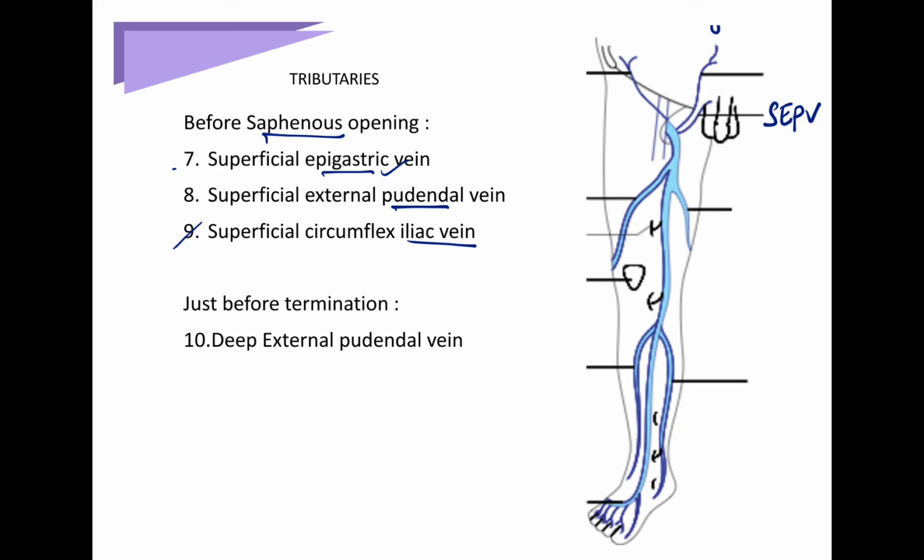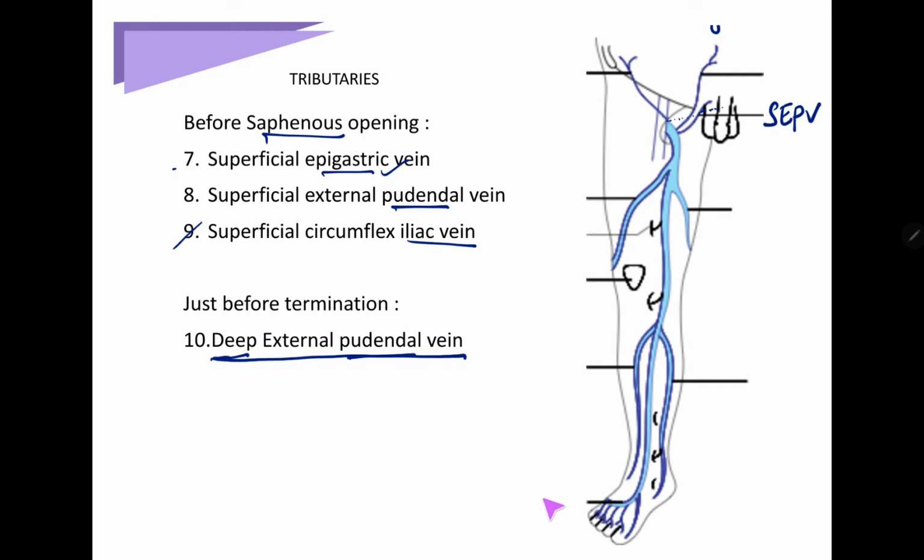Now just before the GSV terminates into the femoral vein, that is deep to the deep fascia, you have the deep external pudendal vein. It has not been shown in this diagram, but again that drains the external genitalia and it is located deep. That's why it's called the deep external pudendal. Fine.